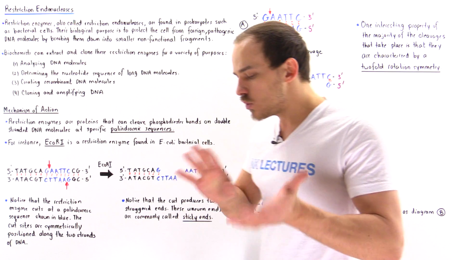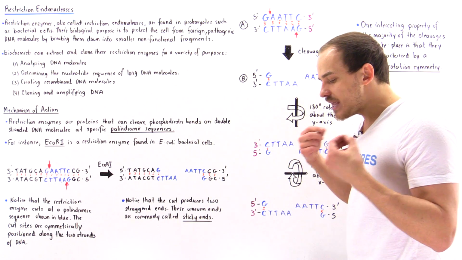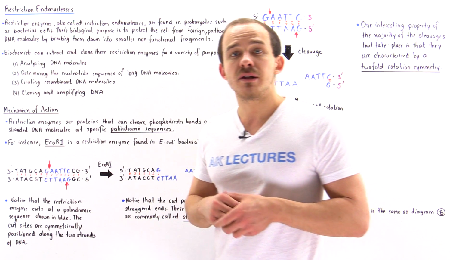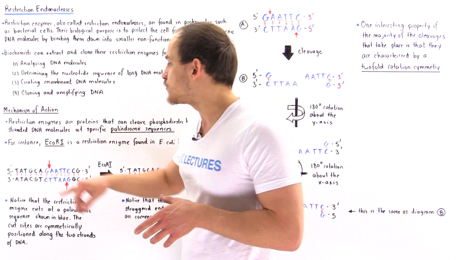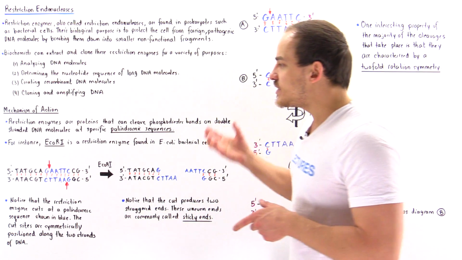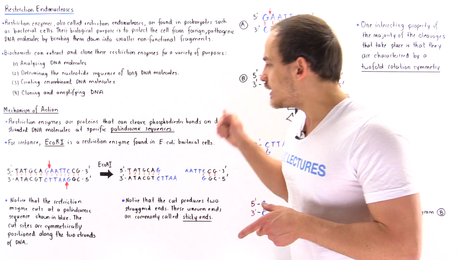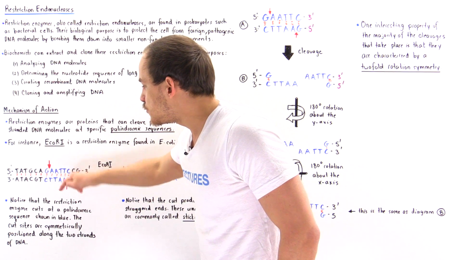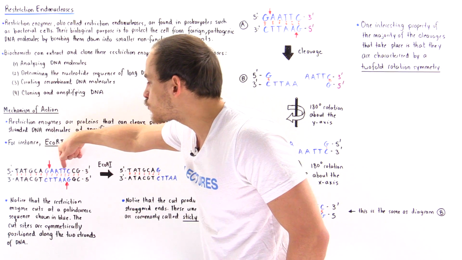Now, to see what we mean by all that, let's take a look at a specific type of restriction enzyme that is found in E. coli bacterial cells, known as EcoR1. This restriction enzyme basically cleaves at this location and this location along the following palindromic sequence.